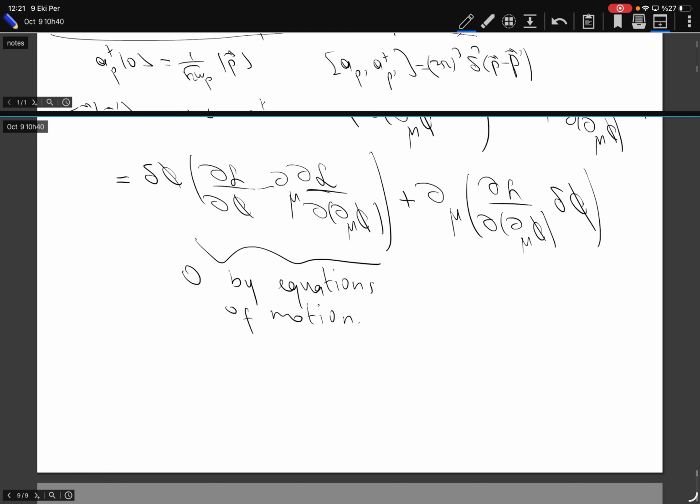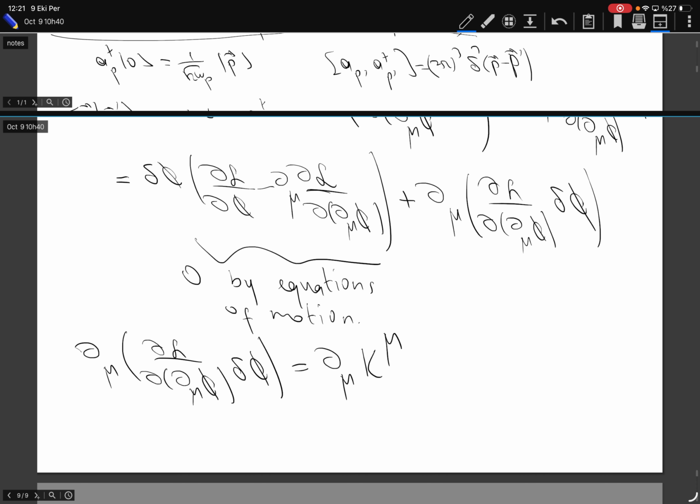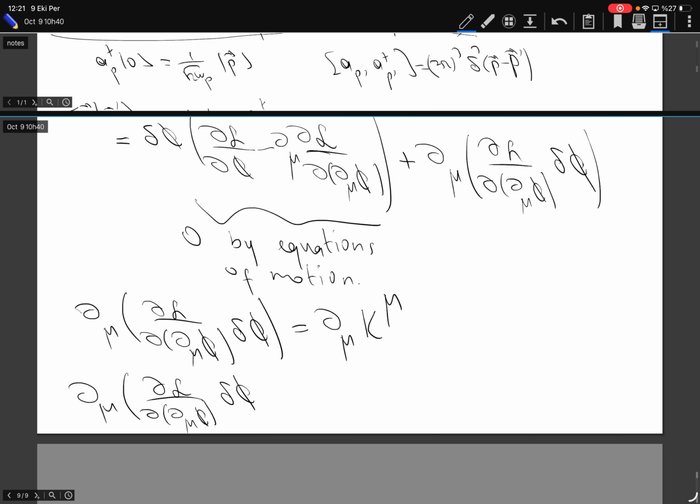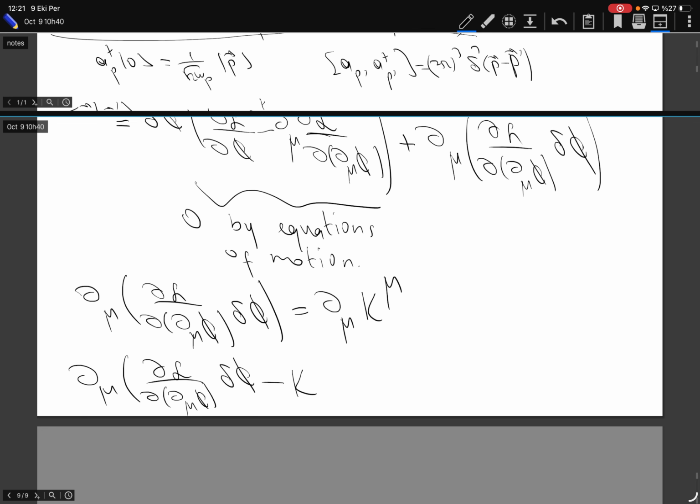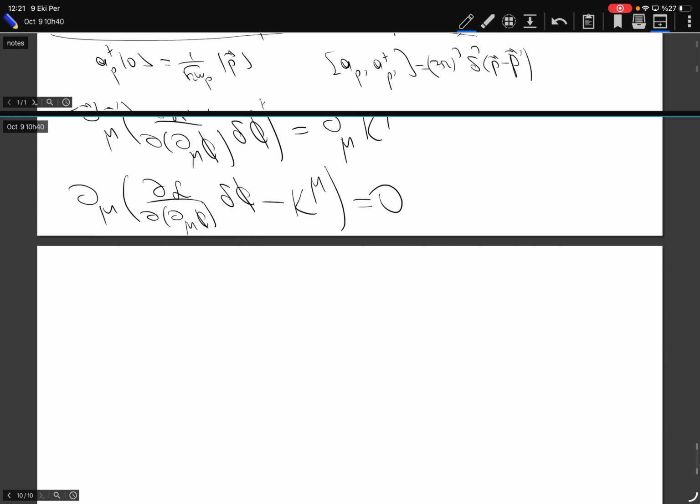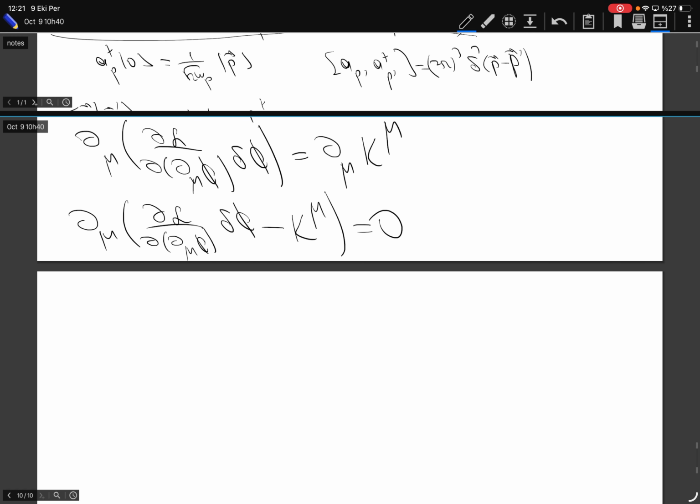And what I end up having is del mu of del L by del mu phi delta phi should be equal to del mu K mu, or del mu of the difference is equal to 0. Now, K mu will also depend on delta phi.